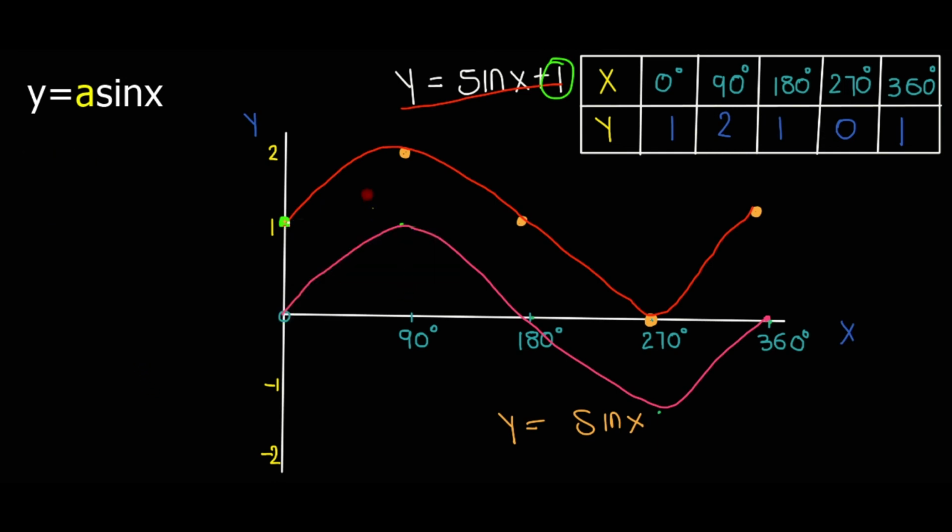And now on this graph, y = sin x + 1, I find the maximum. Our maximum is this one, and our minimum is this one. Because this one touches the x-axis, the minimum will be 0, and the maximum will be 2. So the maximum is 2 and the minimum is 0.